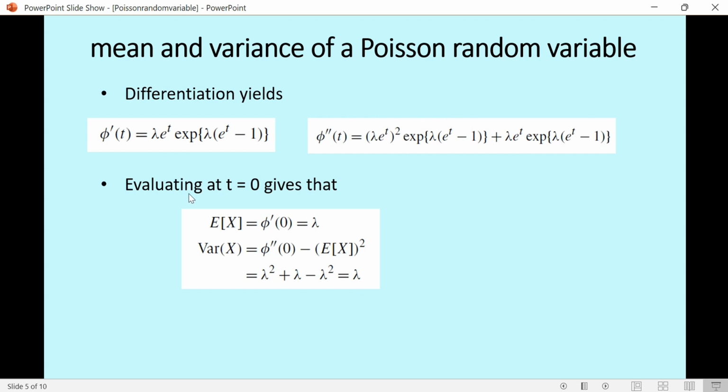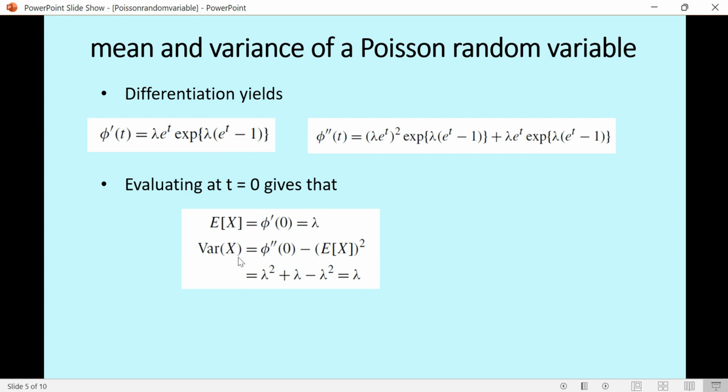But next we will evaluate these expressions at 0. So the expectation of x equals the first order differentiation at t equals 0. So the expectation of a Poisson random variable is lambda.